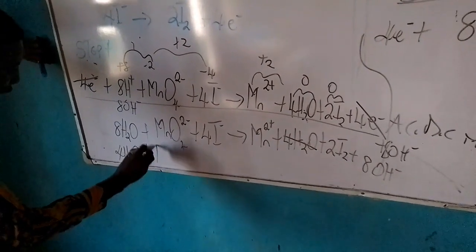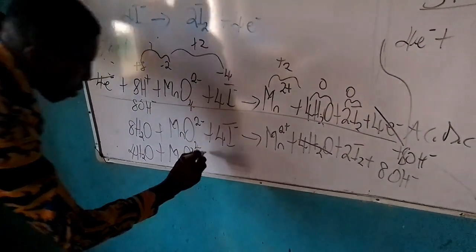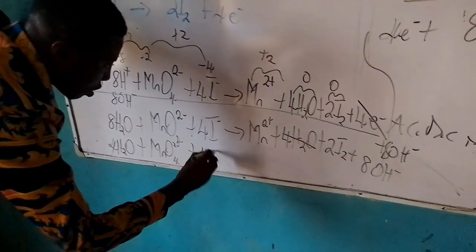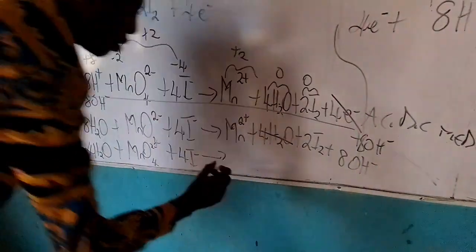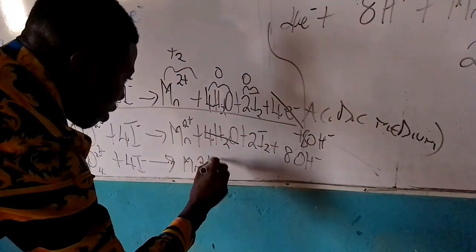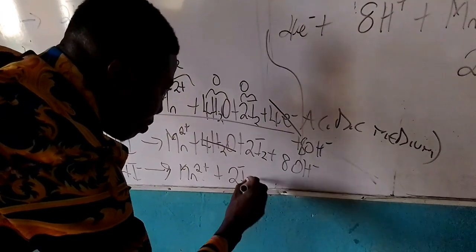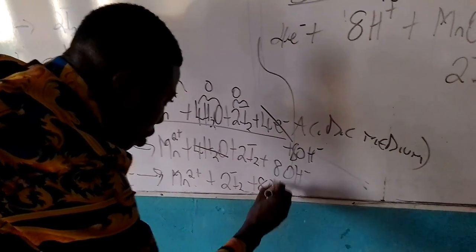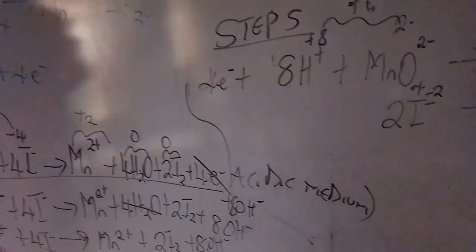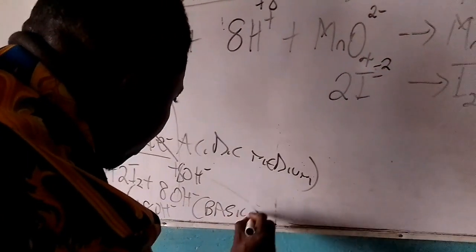This is going to be like this, the arrow, this plus this, it's OH negative. Now this is balanced.